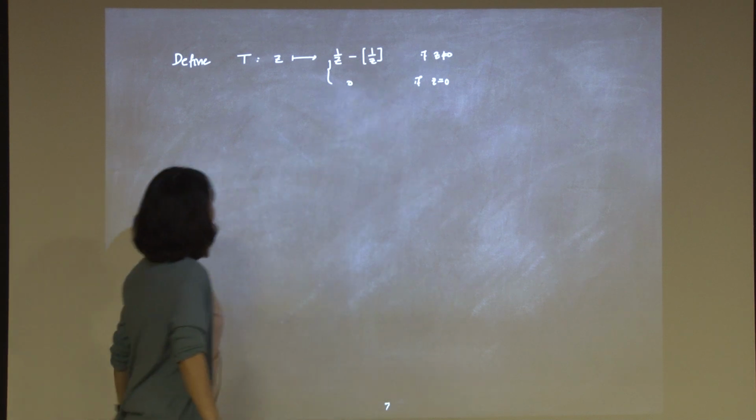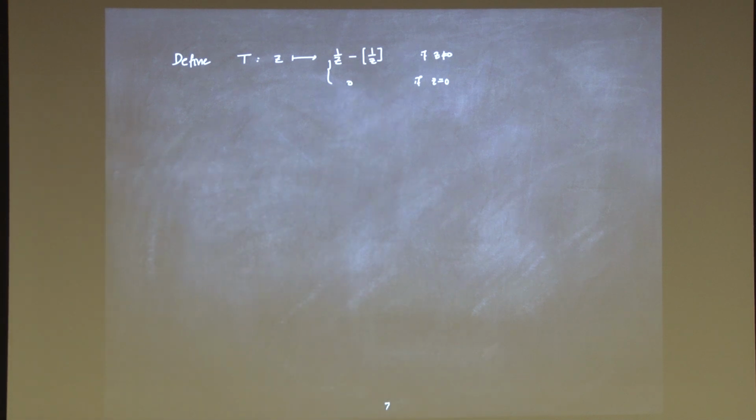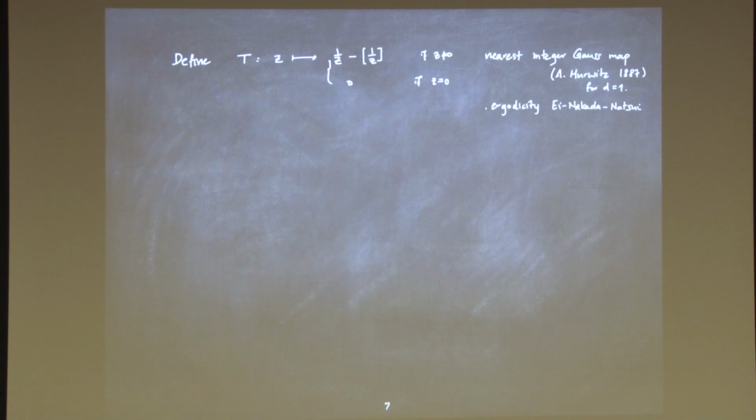And once we determine that, then we can define the Gauss map exactly as in the real case. So that's the nearest integer Gauss map. I believe it was first studied by A. Hurwitz in 1887. Actually there are two Hurwitz brothers, and they both looked at complex continued fraction expansions, and A. Hurwitz is the one that looked at this nearest integer continued fraction expansion.